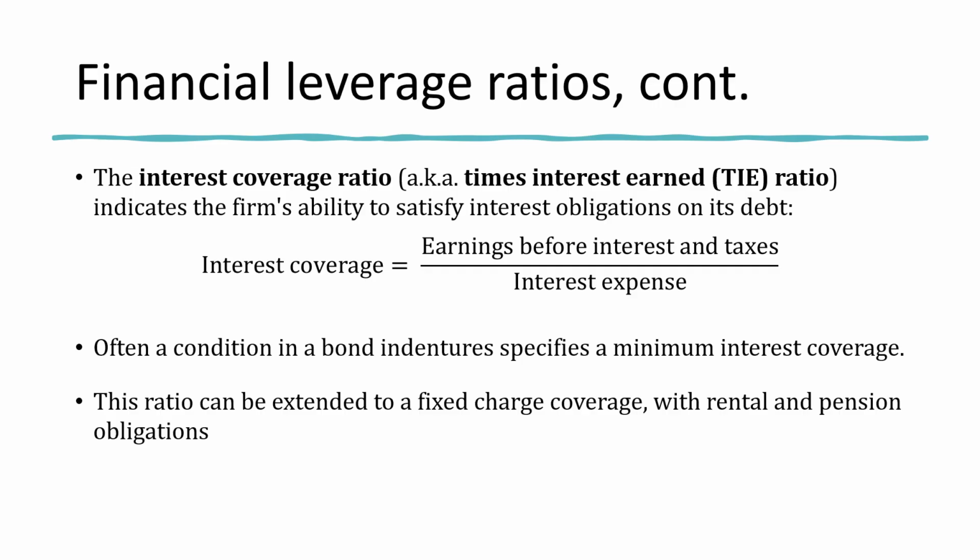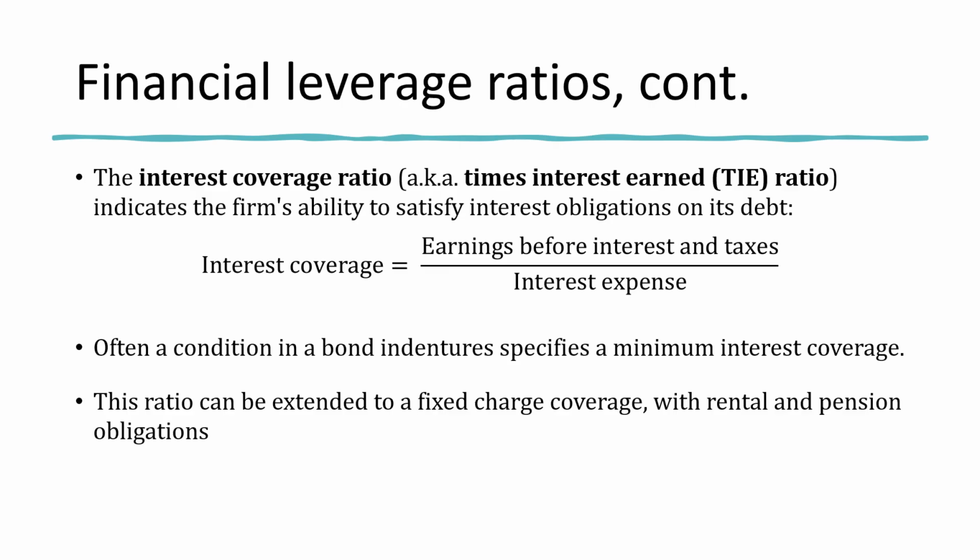Now, in terms of financial leverage ratios, a common ratio is also the interest coverage ratio, also called times interest earned ratio. And you're talking about the company's ability to satisfy its interest expense obligation. So in this case, what we would do is compare the income that's available to pay interest, which would be earnings before interest and taxes, or EBIT, and compare that to the interest expense.